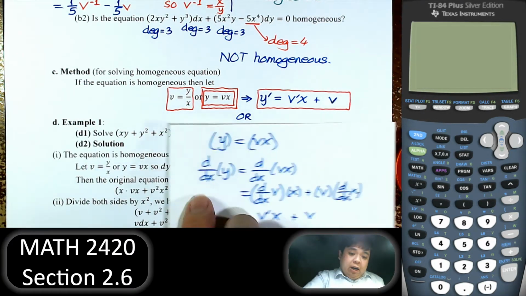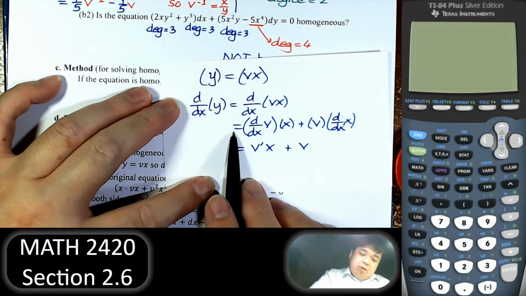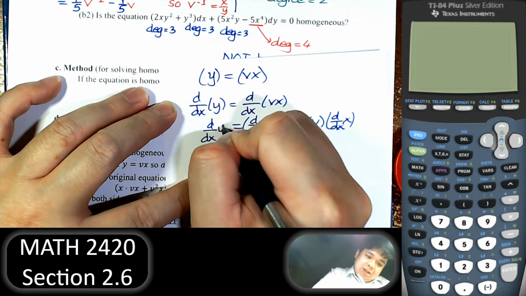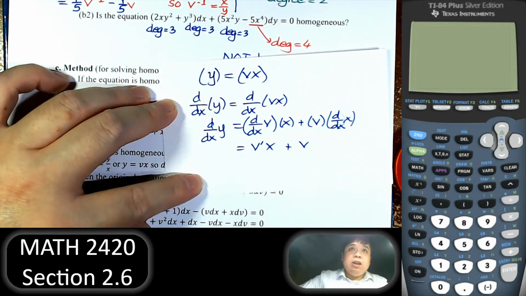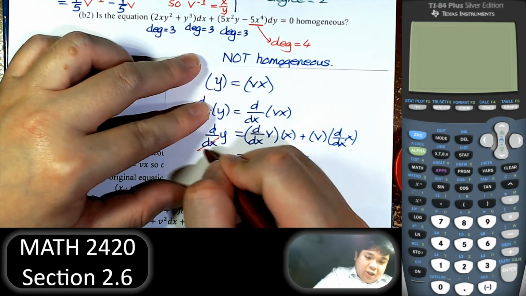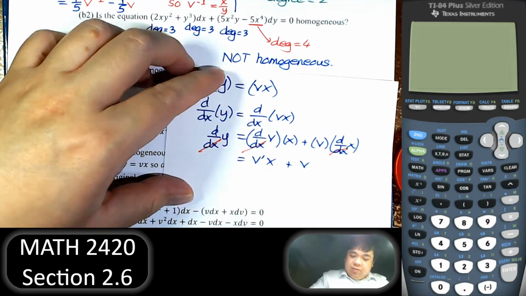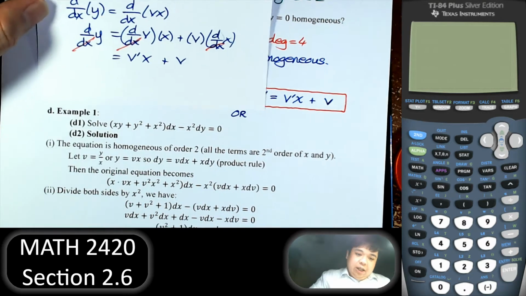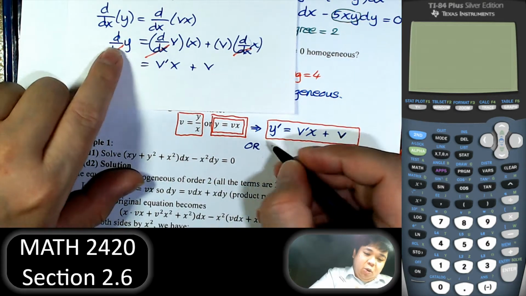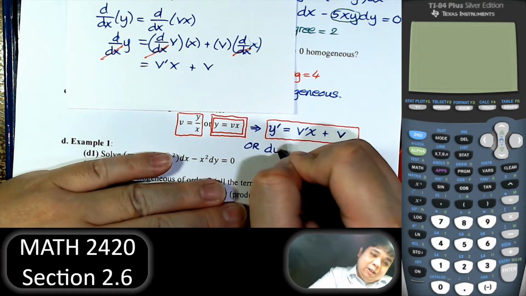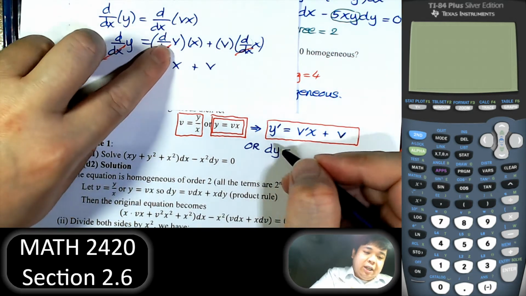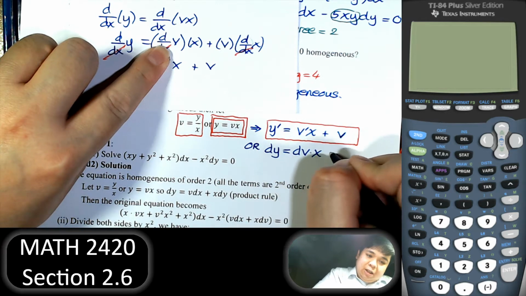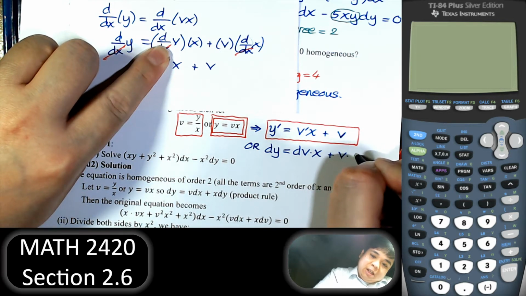Or if we write in this form, and we cancel all the dx at the bottom, we can have dy equal to dv times x plus v times dx.